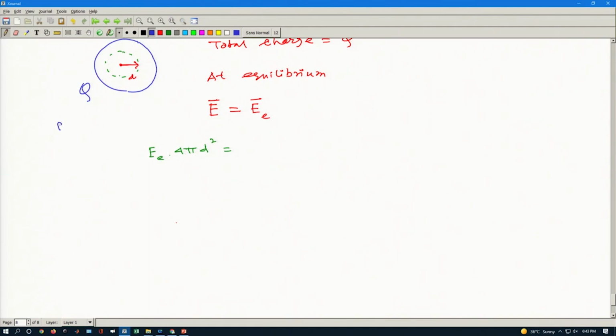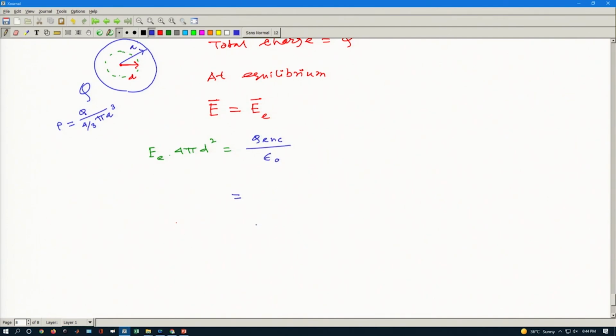So, the volume charge density rho should be Q divided by the volume; if the radius is A, then Q divided by 4 by 3 pi A cube. The charge enclosed, divided by epsilon 0. Now, what is the charge enclosed?